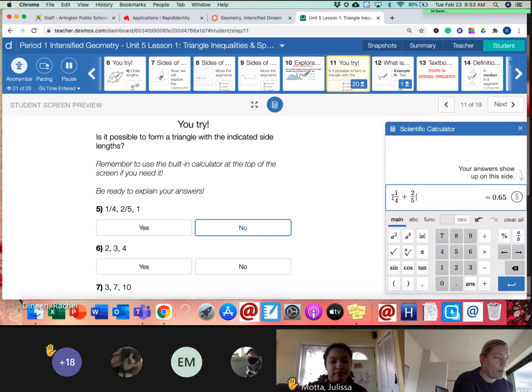When you add up 1/4 and 2/5, it has to be greater than 1, and that is not true. That's false. So very good. Yep. So even if one of the combinations fail, it cannot be a triangle. So all 3 combinations, when you add up all two sides, has to be greater than the third side for every single scenario.